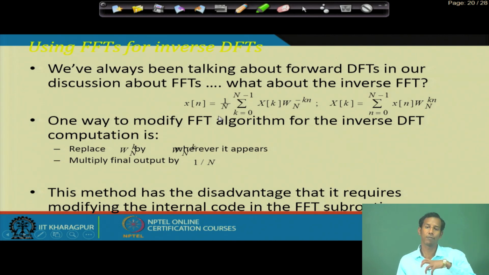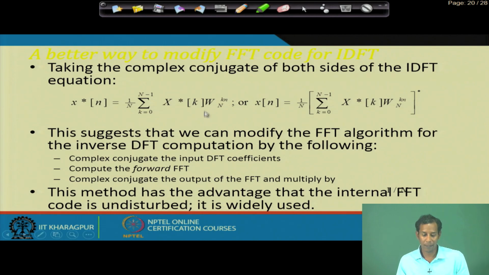Whatever we have considered so far is only for the forward DFT, or forward FFT, but what about the inverse FFT? What will happen if we design the IFFT block? How can we modify the FFT code so that it becomes the inverse fast Fourier transform?